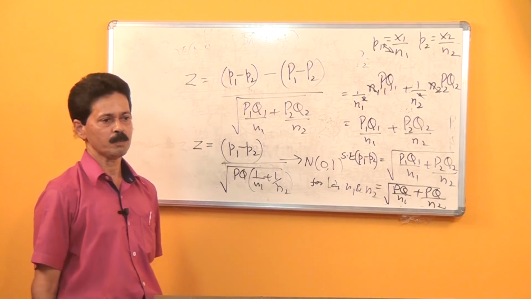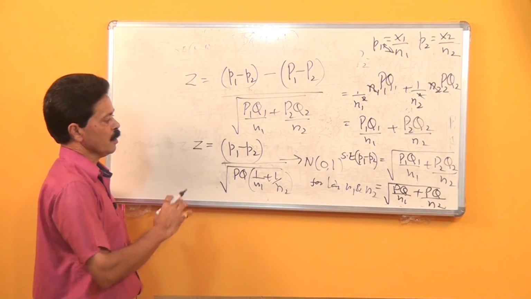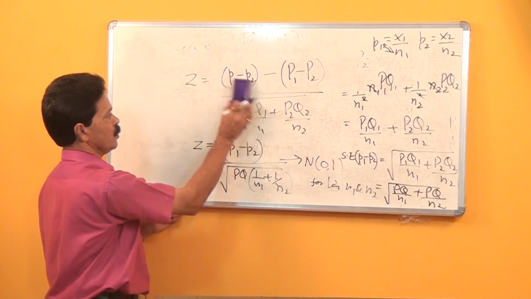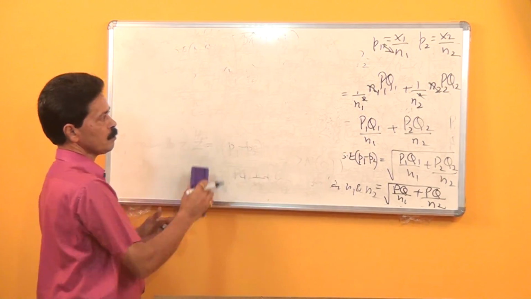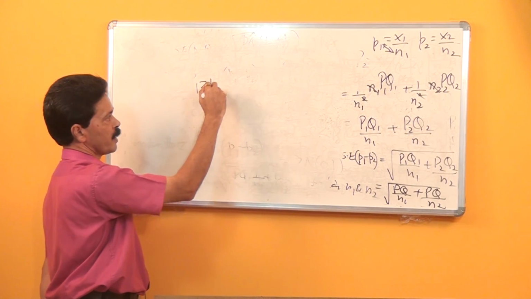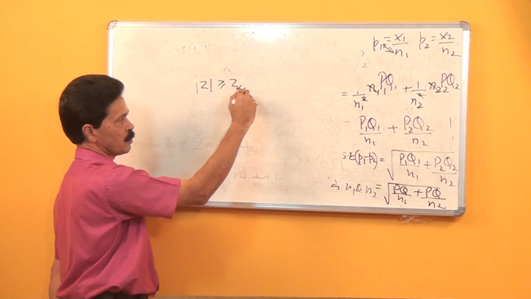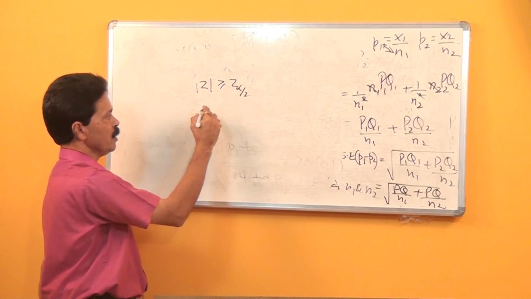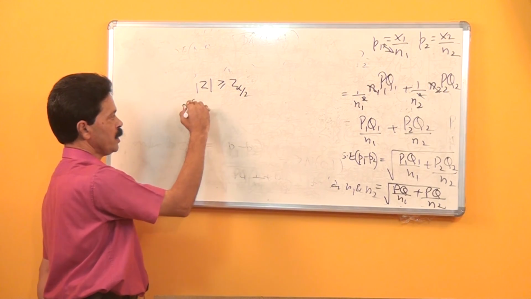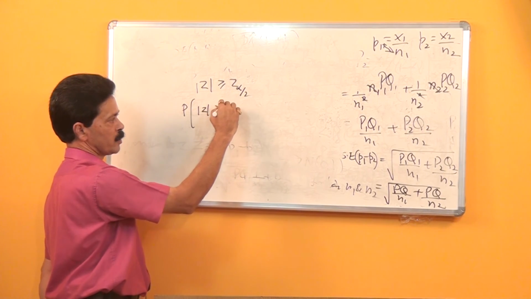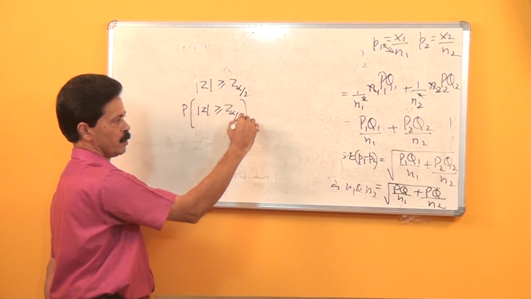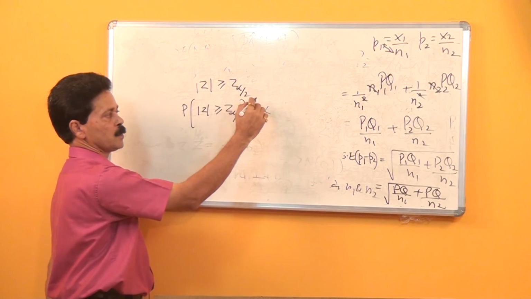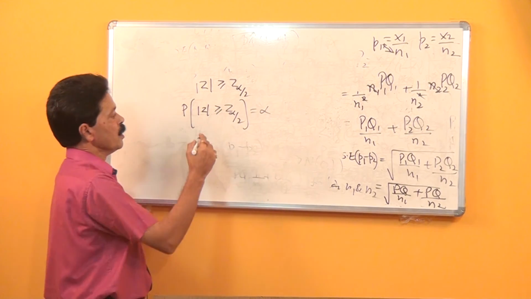The test procedure suggests to reject H0 if mod Z is greater than or equal to Z alpha by 2, where Z alpha by 2 is obtained from the standard normal distribution table such that the probability of mod Z greater than or equal to Z alpha by 2 equals alpha, where alpha is the level of significance. So this is for the two-tailed test.